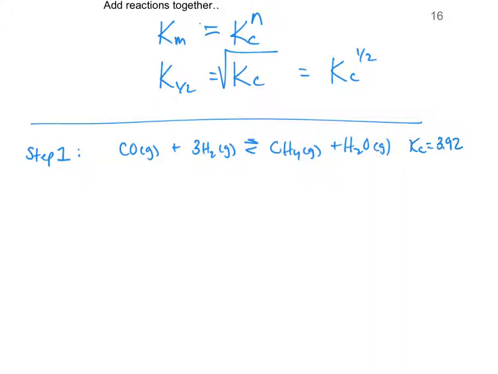This reaction then is just step 1. So step 2, we're going to take methane plus 2H2S in equilibrium with CS2 and H2.